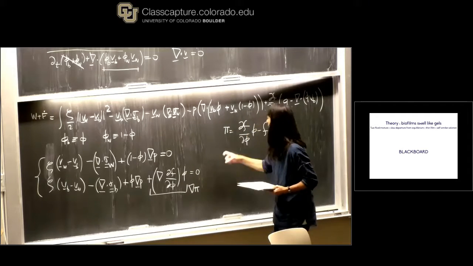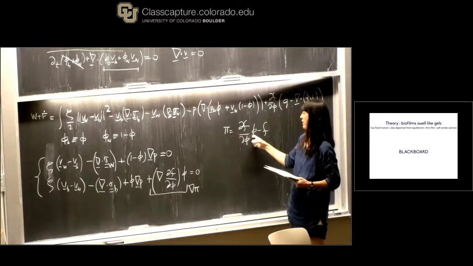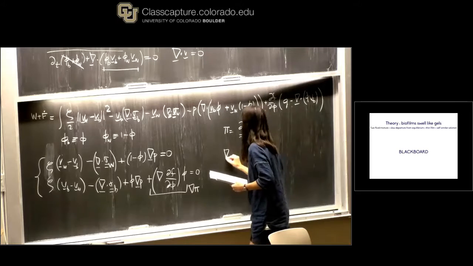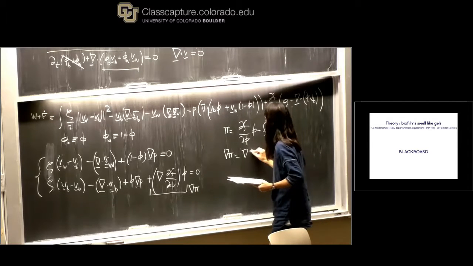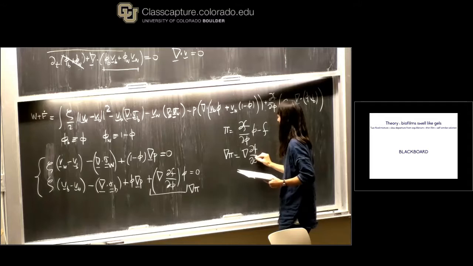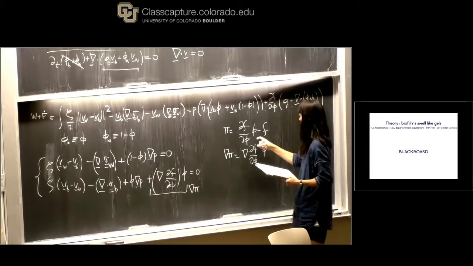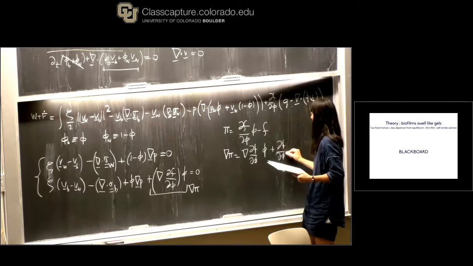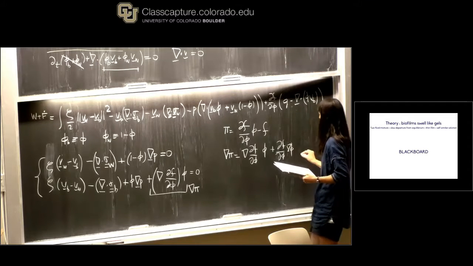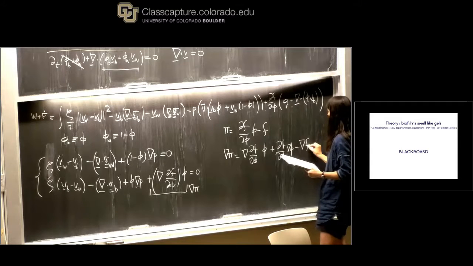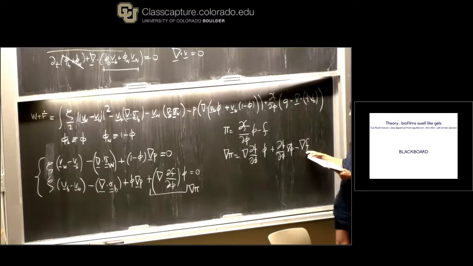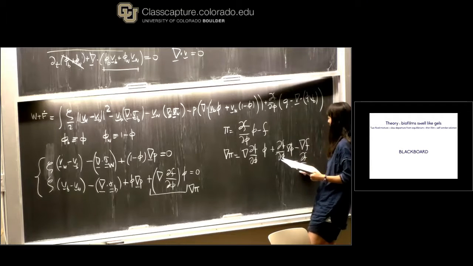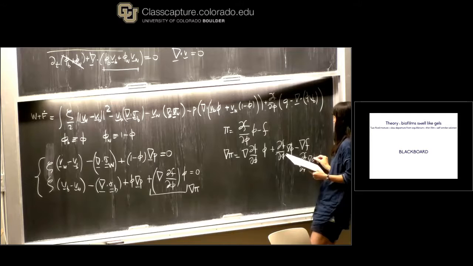Because if you do the gradient of pi, you'll get the gradient here times phi, plus df over d phi gradient of phi. And then there is minus gradient of f, but f is a function of phi, so I can write this down as df over d phi gradient of phi.